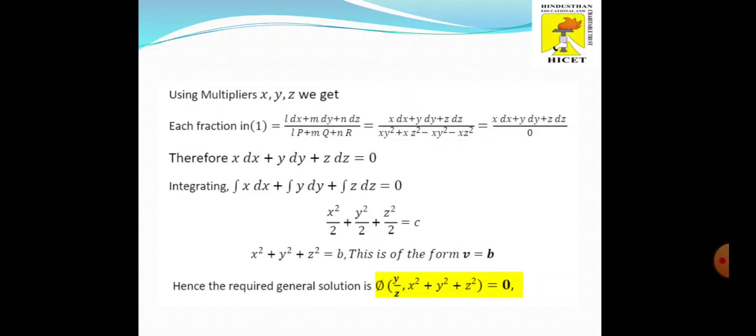Now cancelling the common denominator, we have x square plus y square plus z square is equal to constant. So the required general solution is phi of c1 comma c2 is equal to 0, that is phi of y by z comma x square plus y square plus z square is equal to 0.